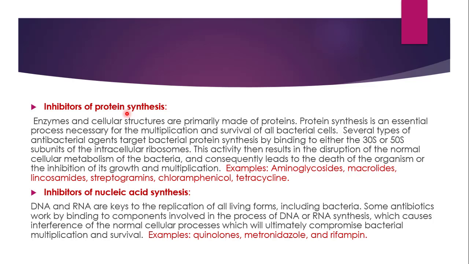So it can be inhibited by ribosomal binding, like binding with the 30S and 50S subunits of the ribosome. The activity can disrupt the normal metabolism, and growth and multiplication will also be inhibited due to protein synthesis inhibition. Examples are aminoglycosides, macrolides, lincosamides, streptogramins, chloramphenicol, tetracycline.